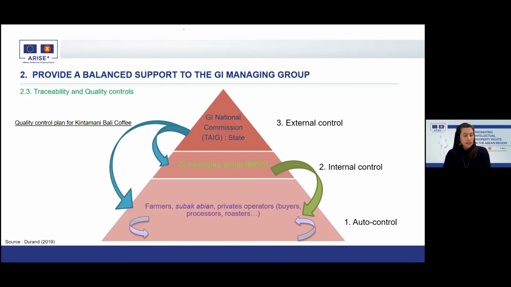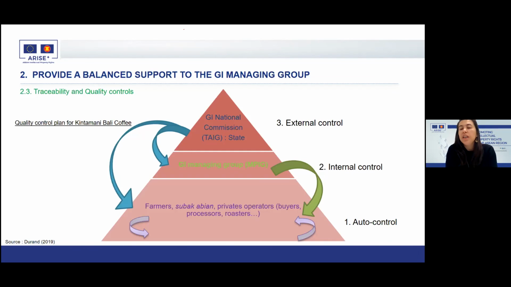Just for an example, this is the quality control of Kintamani. So it's a very classical control plan for GI. From the bottom, we start with a self or auto control, which is done by private actors themselves, who are self-controlling their own practice to be in line with the specifications.